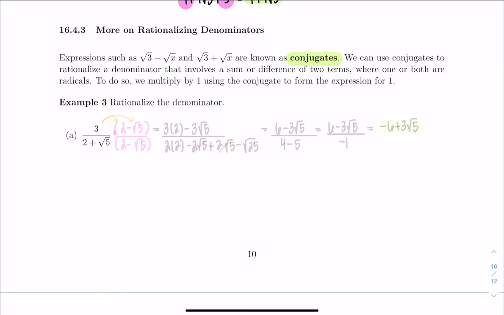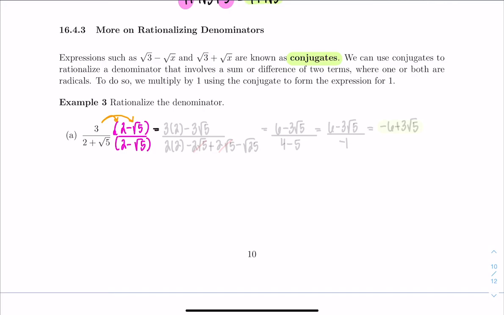So for the first one, we're going to multiply the top and bottom by 2 minus the square root of 5. And so on top, we're going to end up distributing the 3 into both pieces. And in the bottom, we're going to FOIL.